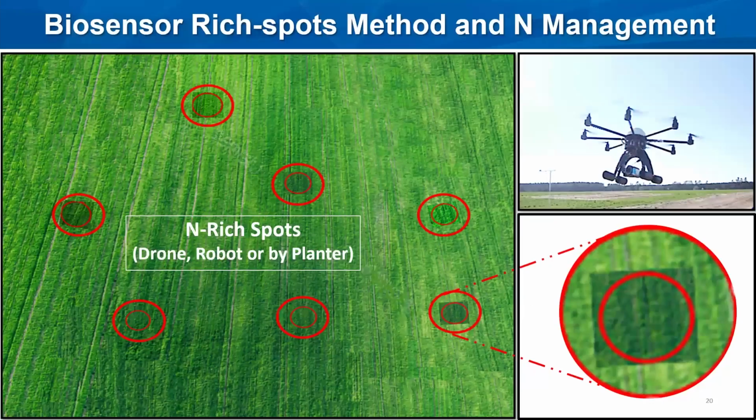So what's the method? Let's talk about nitrogen-rich reference spots or biosensors. We choose some spots, and I will explain how we select these spots. And we apply, just like the rich strip, enough and sufficient nitrogen to those spots that the plant cannot take all of that. It means for sure we want to make sure nitrogen is not the limiting factor for those spots.